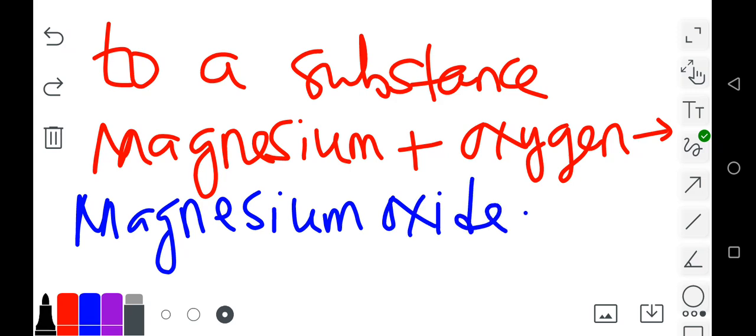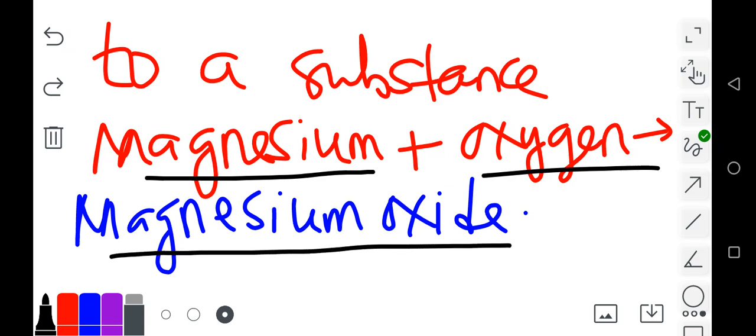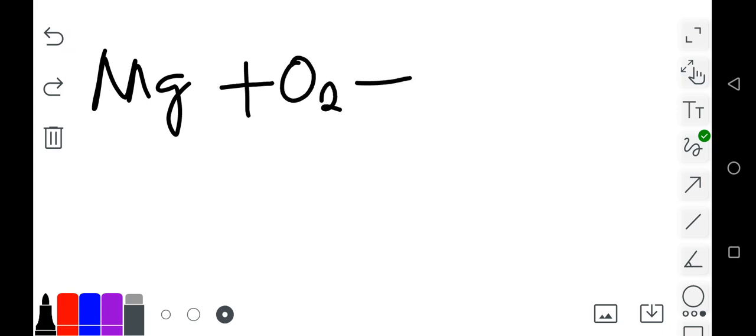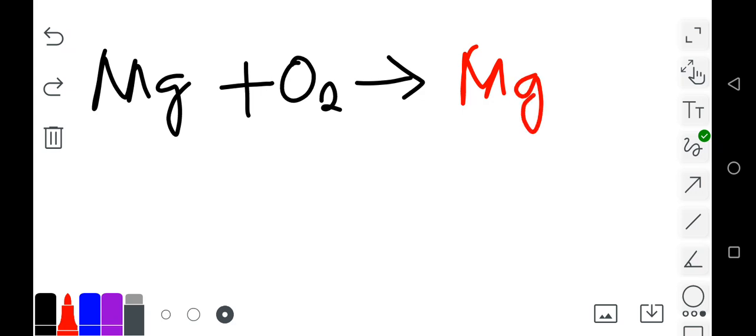This is a metal and this is a gas, oxygen. So what normally happens is that it's going to form a compound called magnesium oxide. Now let us look at this in terms of chemicals. Magnesium is this, plus the oxygen is written like that, and then we have magnesium oxide.